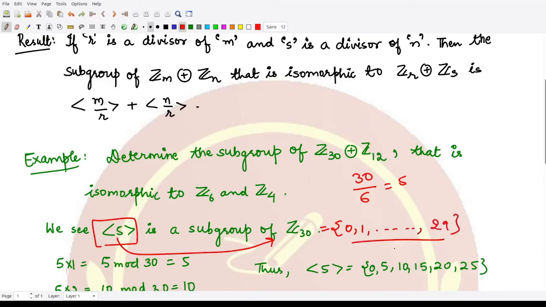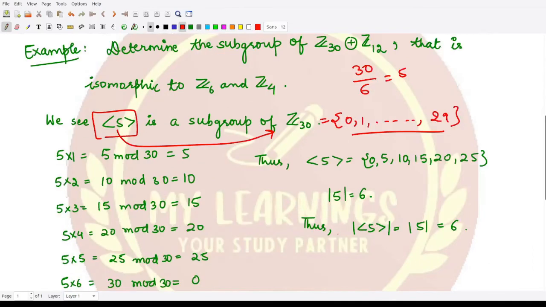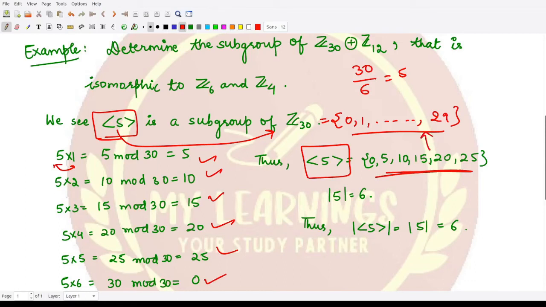How? Because when we use 5 as the generator, we get 5 times 1 is 5 mod 30, and so on. These are the elements present in the subgroup generated by 5, and you see clearly this is a subgroup of this group.